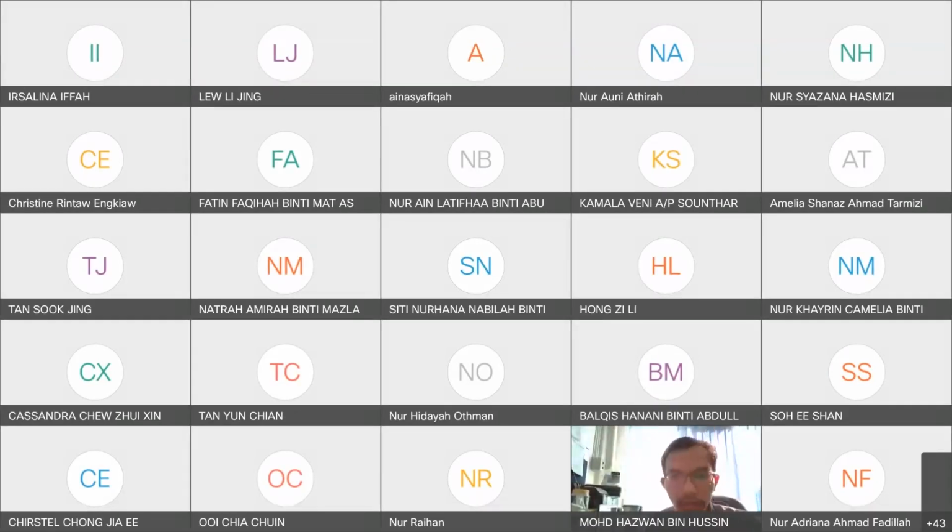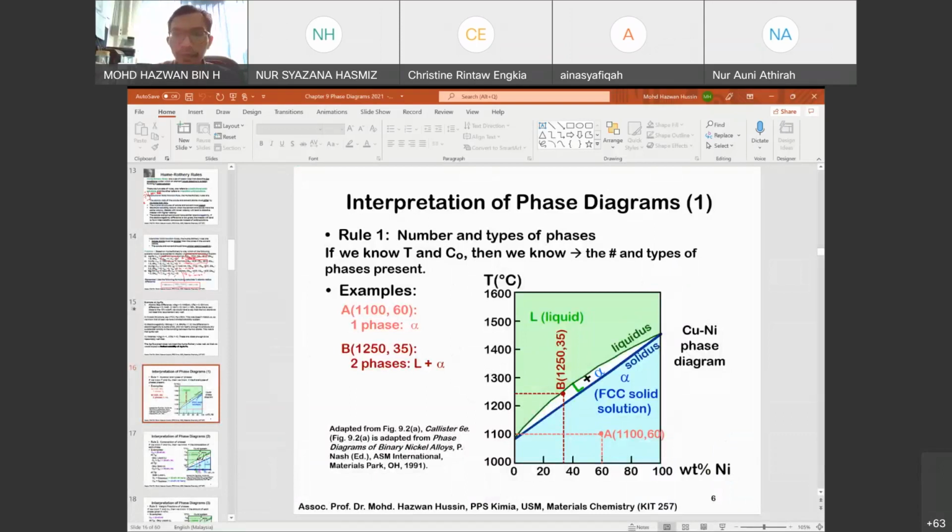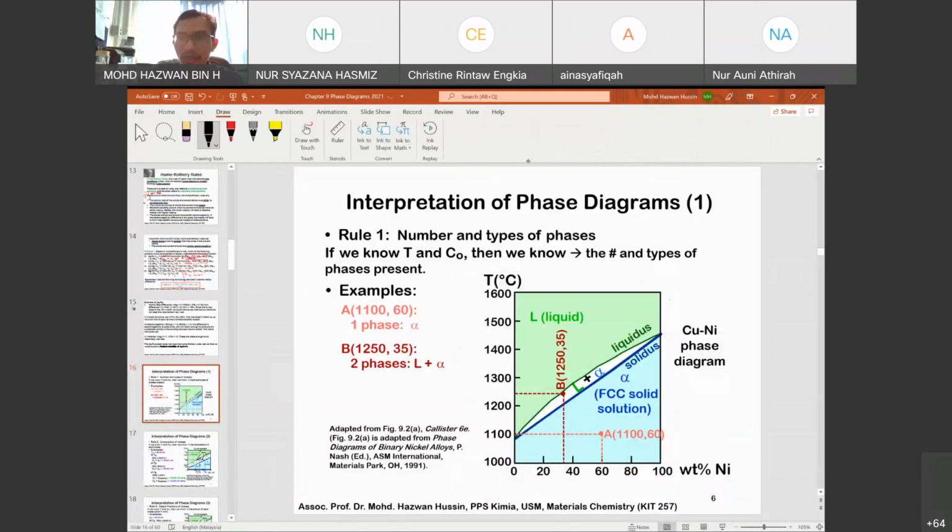Okay, so today we are going to interpret the phase diagram of an isomorphous system, right? So this is basically a very typical isomorphous phase diagram. You can see over here that it forms something like, okay, a three phase only.